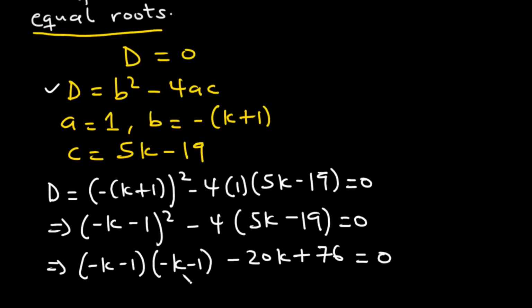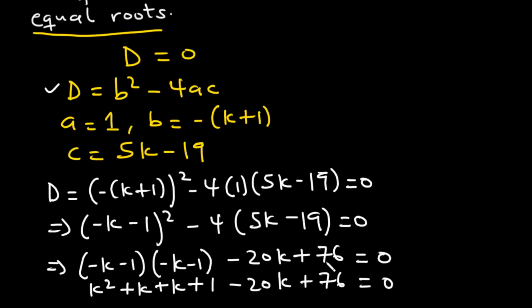Negative k times negative k is k squared. Negative k times negative 1 is k. Negative 1 times negative k is k, and then negative 1 times negative 1 is 1, and then we have minus 20k plus 76 is equal to 0.